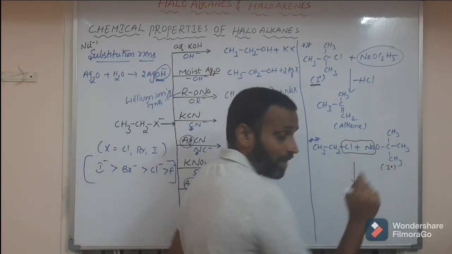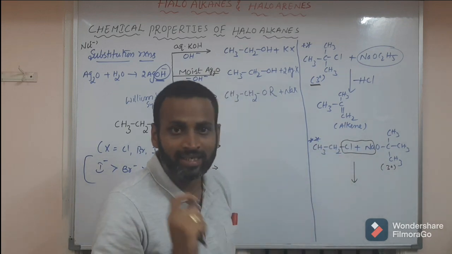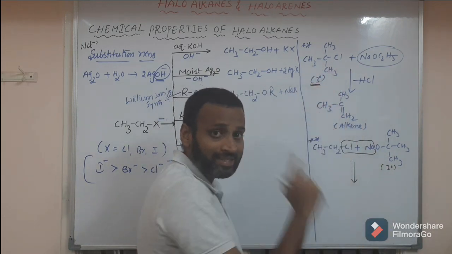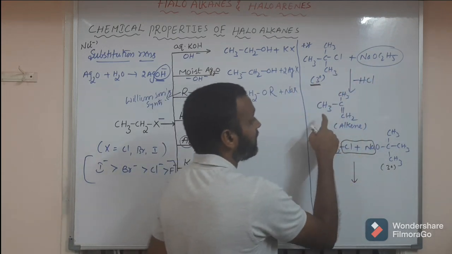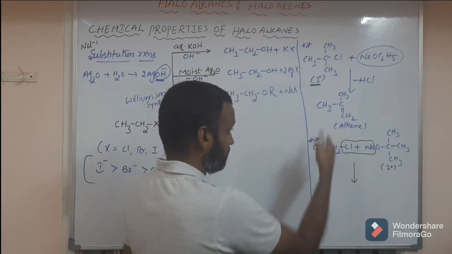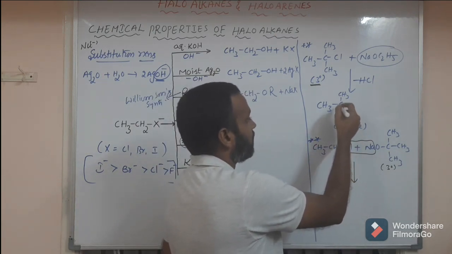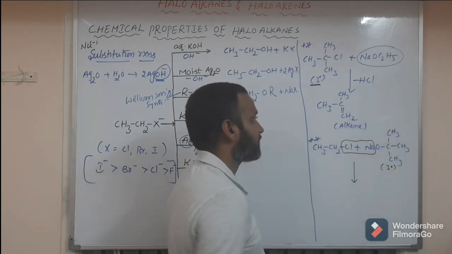Understand? So you have to write what I am saying. If the alkyl halide is tertiary and treated with sodium alkoxide, then alkene forms, here butene, of course 2-methylpropene, but generally I said isobutene.